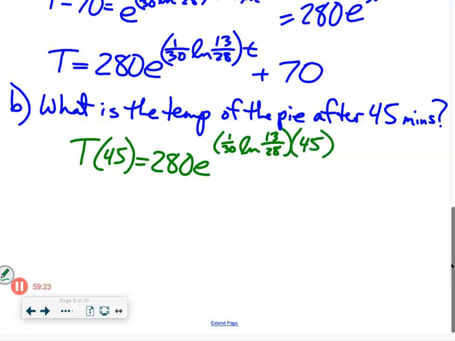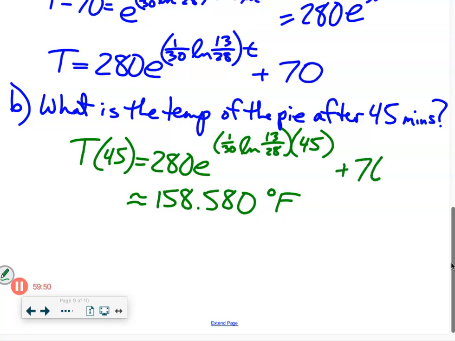All right, technically this would be correct. It's not real pretty, right? And it doesn't really convey a lot of information if your mom says, hey, what's the pie's temperature? And you tell her that, right? But 158.580 roughly degrees Fahrenheit. Yes. Plus 70 as well. Oh, whoops, thank you. All right, so any questions on how to do this one?